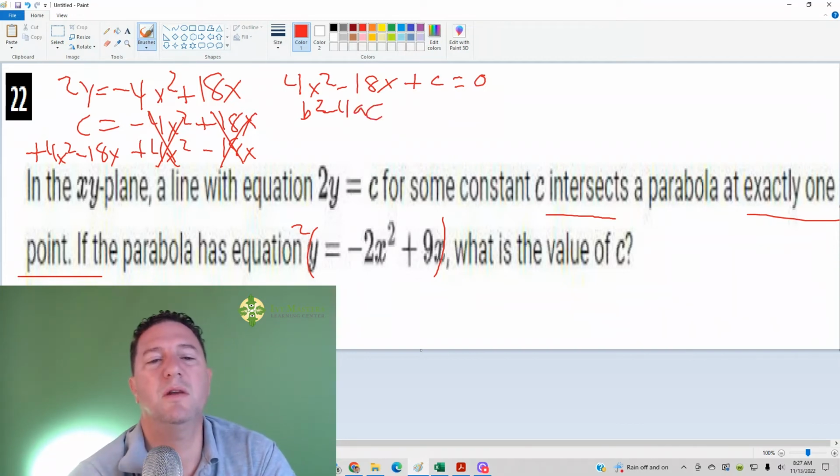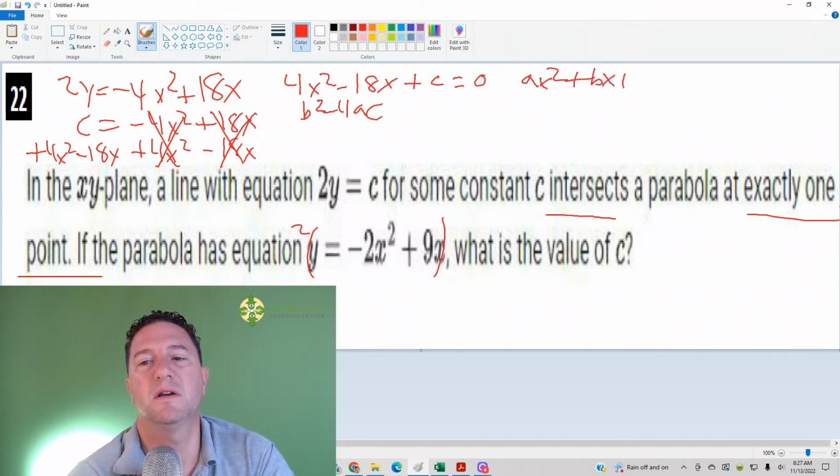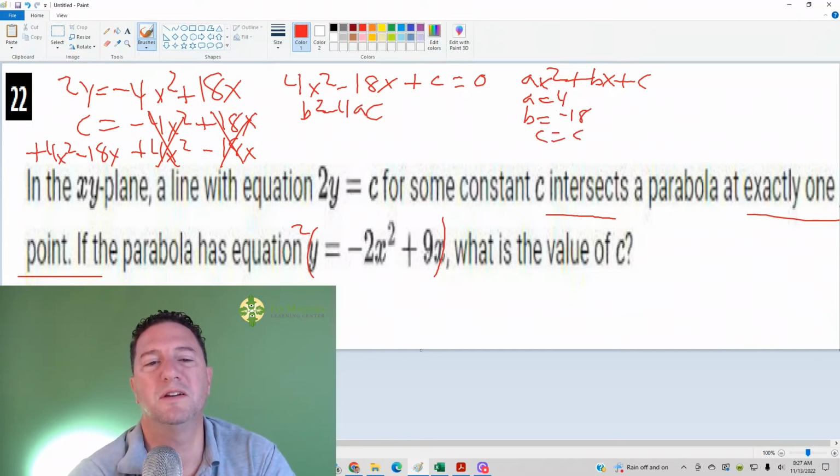Now when we're talking about b squared minus 4ac, we're talking about the form ax squared plus bx plus c. Looking at this, I can tell that a equals 4, b equals negative 18, and c equals c.